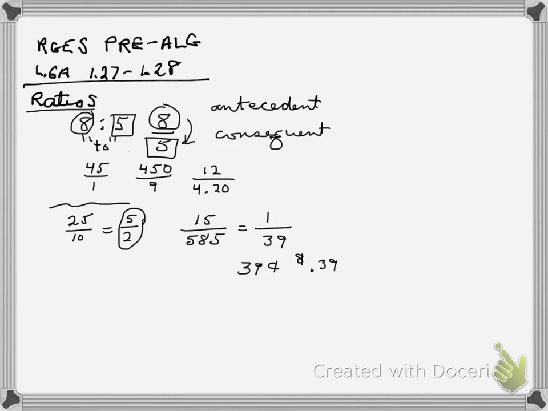So, in your practice problems here, you're just being asked to write your ratios and make sure you reduce them to lowest terms if you can. They're doing it different ways actually in their answers.